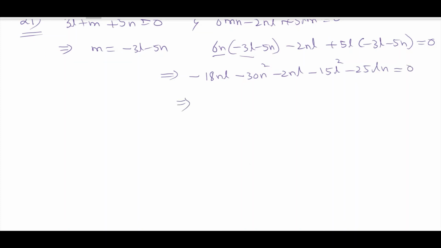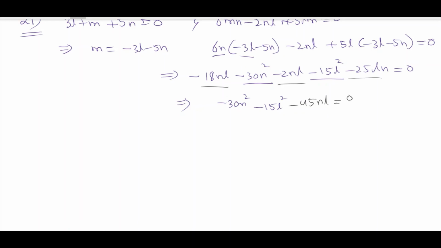That implies this is minus 30n square minus 15l square, minus 18 minus 2 is minus 20, minus 20 minus 25 is minus 45 nl equals to 0.